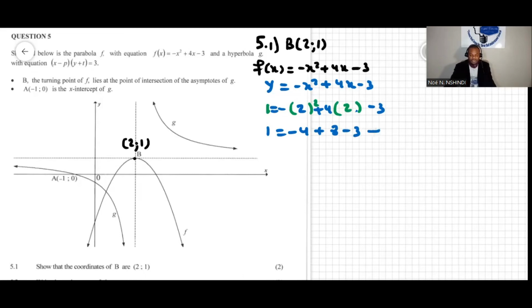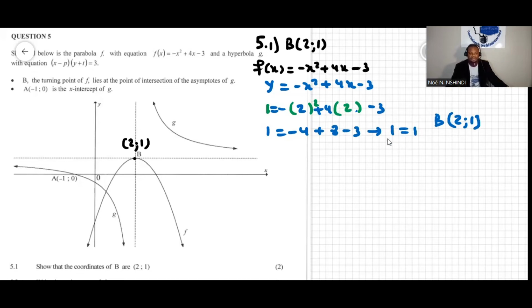Negative 4 plus 8 is 4, 4 minus 3 is 1, so 1. Because we have an equality here, we can say that the coordinates of B are exactly 2, 1. If they were not, you wouldn't have an equality over here.